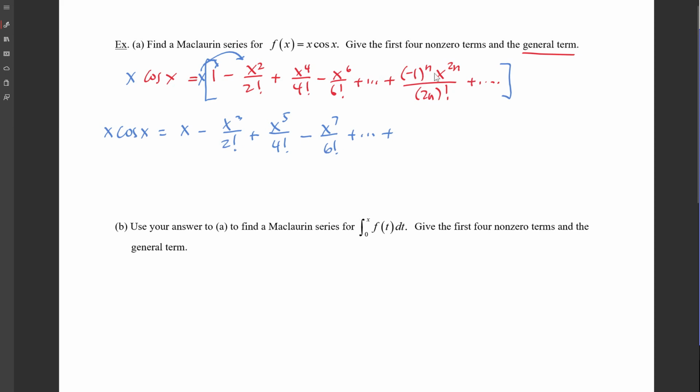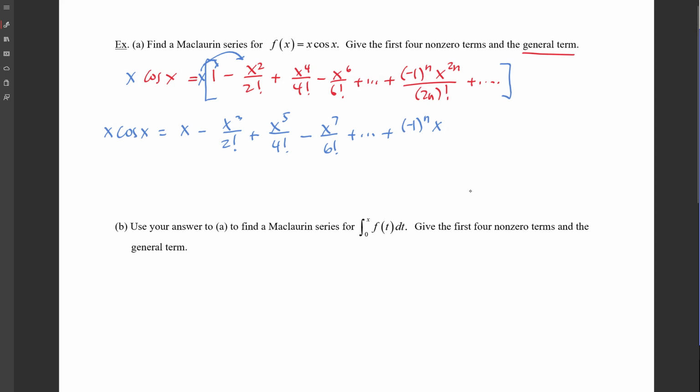So I'm going to do the same thing to the general term. It's still an alternating series, so negative 1 raised to the n. This x will be x times x to the 2n, so x times x to the 2n. If I multiply factors with the same base, then I add the exponents together.